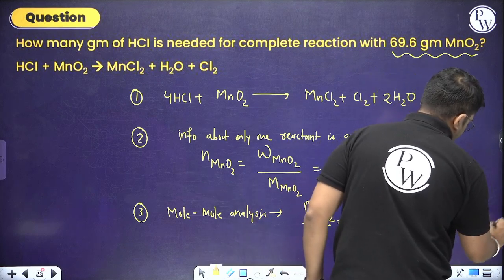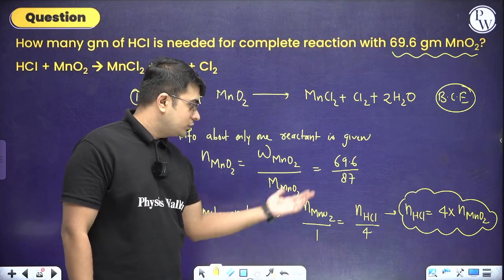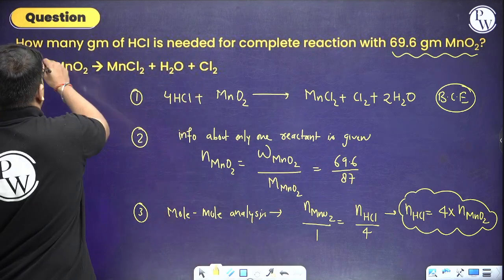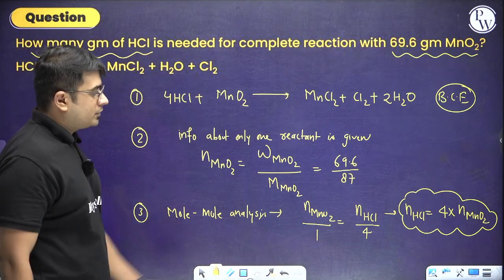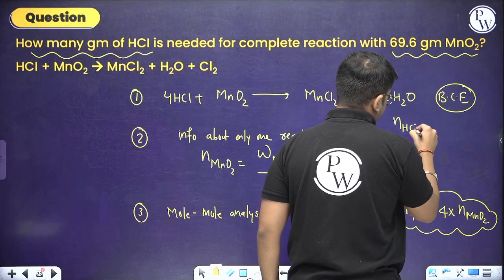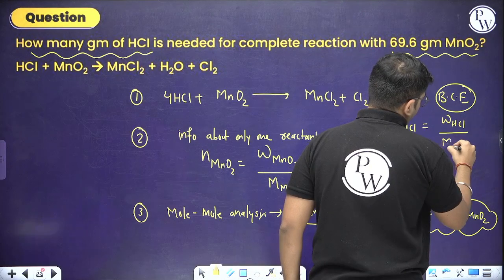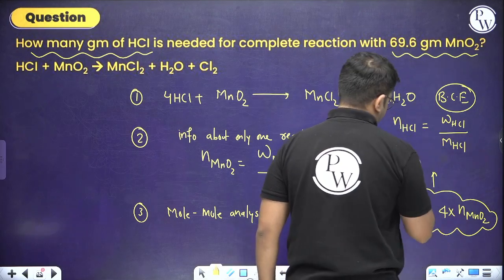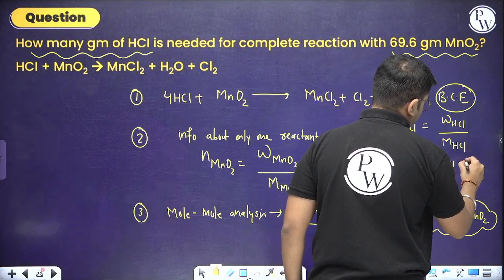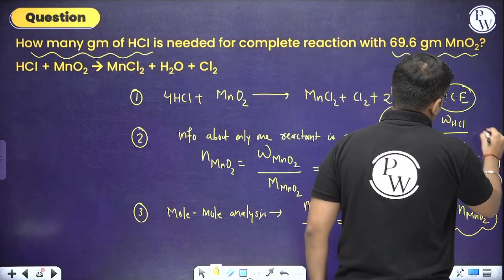Can we calculate this information? Yes, very easily. We have the number of moles of MnO2, which we have already calculated, multiplied by 4. Now the question is asking about the grams. So I can use the additional concept that number of moles of HCl is equal to W of HCl divided by molar mass of HCl. So W of HCl will be equal to number of moles of HCl multiplied by 36.5, and that's how you can calculate the entire part.